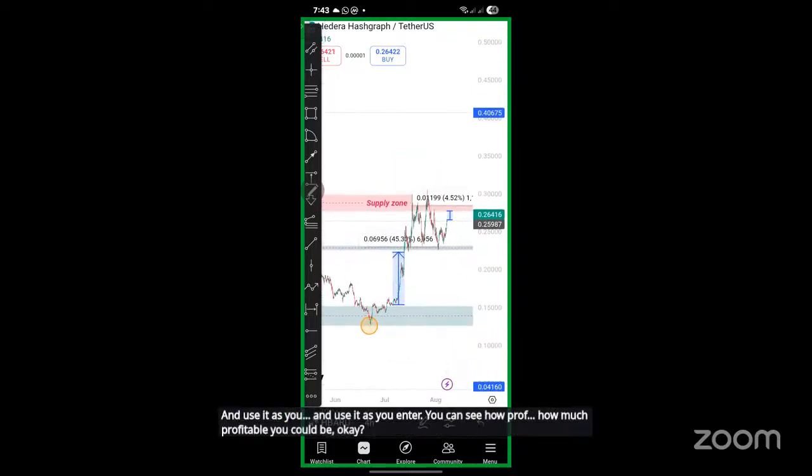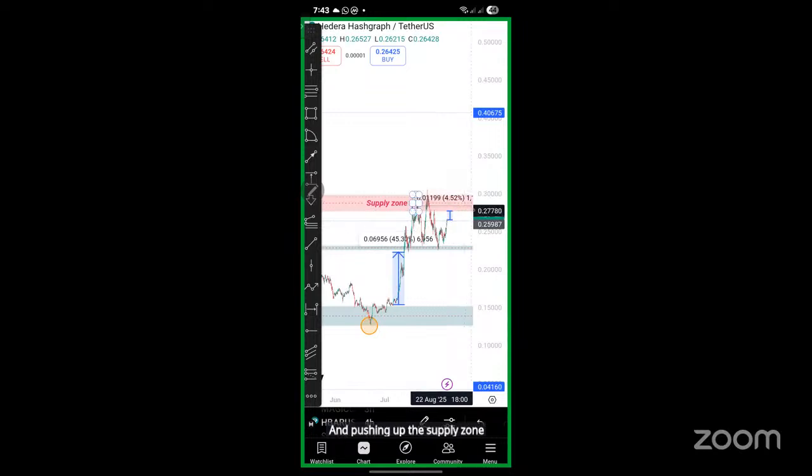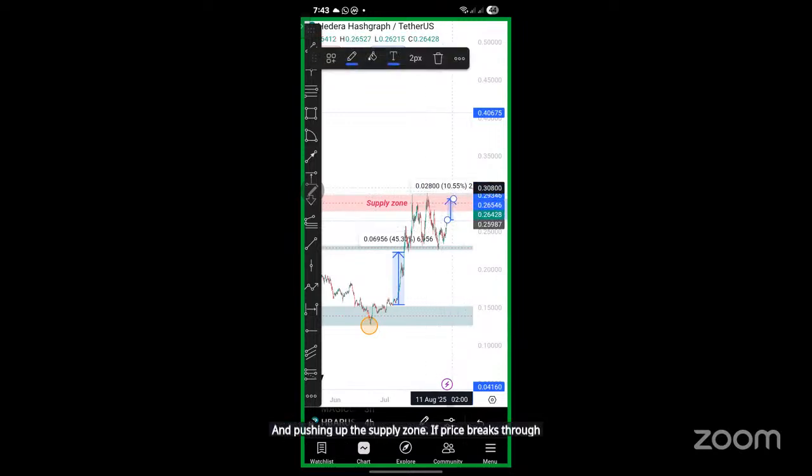Price is still moving away from this minor demand zone and pushing up to the supply zone. If price breaks through the supply zone to the upside, the coin will remain in an upward trend. If price comes back and breaks through this demand zone, the trend will have changed and it will come back to the downside. As simple as that.